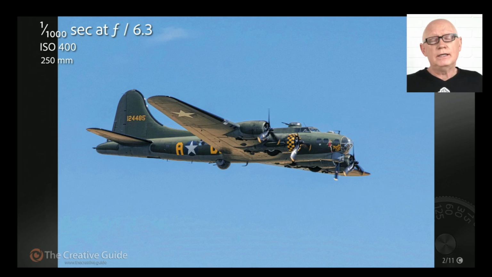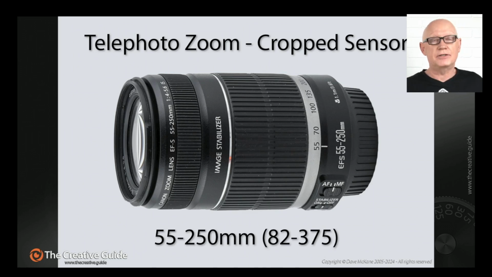Now, you also need to be able to keep that plane really big in the frame itself. So you're going to need longer lenses to help make this happen, because the planes are way up in the air oftentimes and the normal kit lens won't do it. So on a crop sensor camera, you're probably looking at something in the range of 250 here.